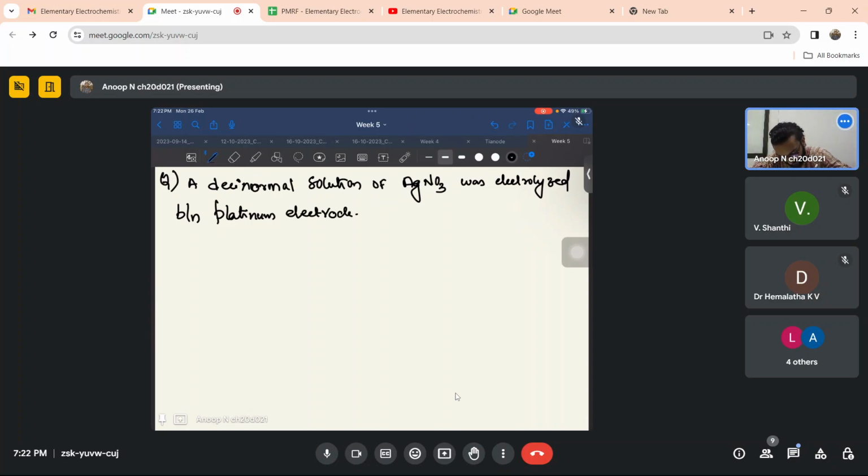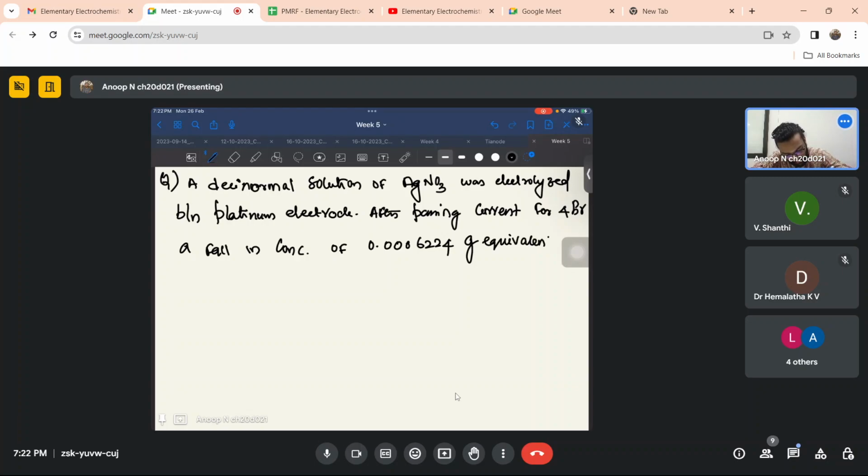After passing current for 4 hours, a fall in concentration of 0.0006224 gram equivalent was observed in the anodic solution.